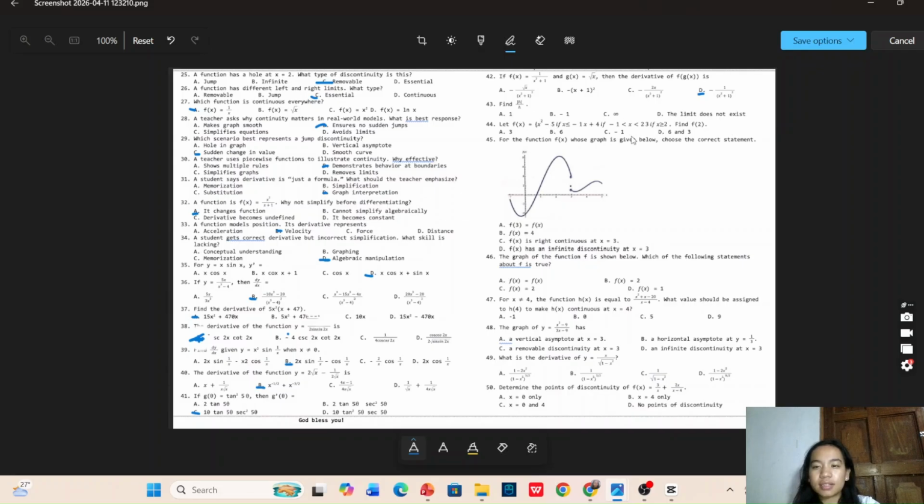But in this case, the formula to use is the one that satisfies the given function. So we are going to find the correct function that satisfies f of 2. Since it's 2, that is x is greater than or equal to 2.